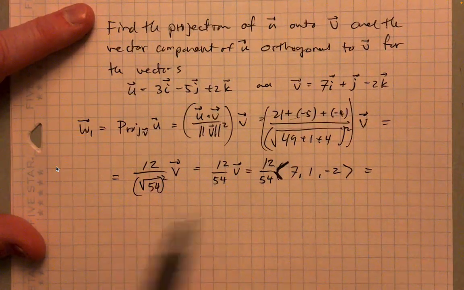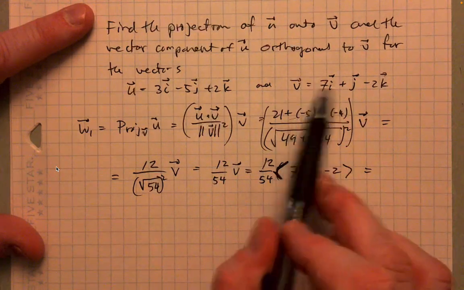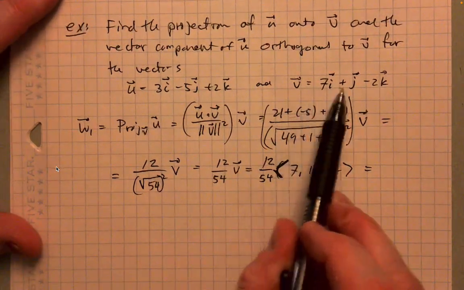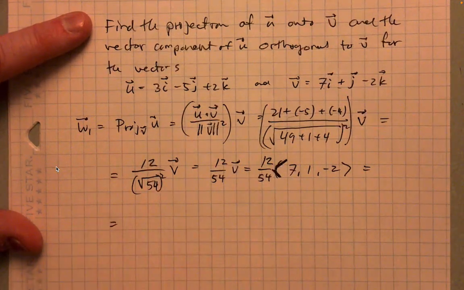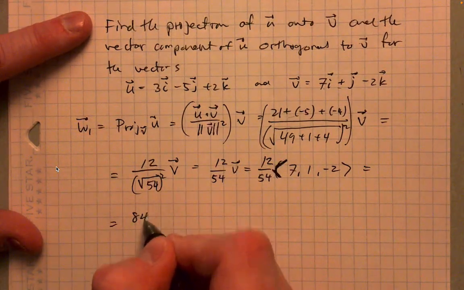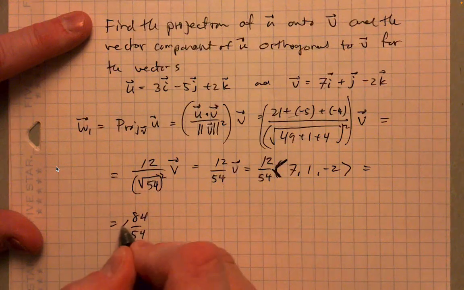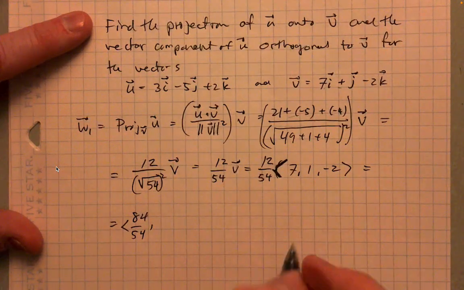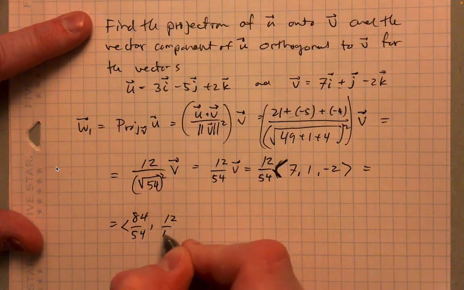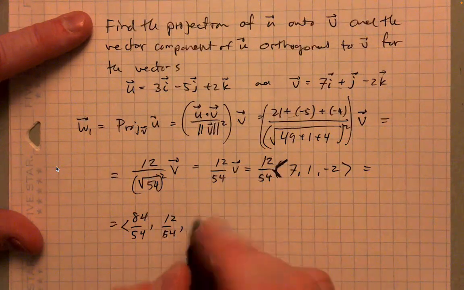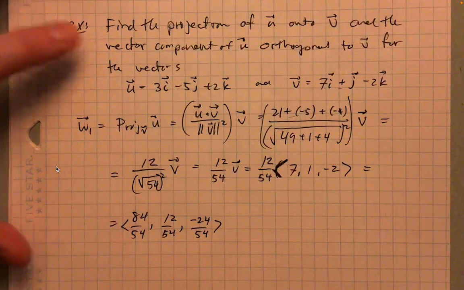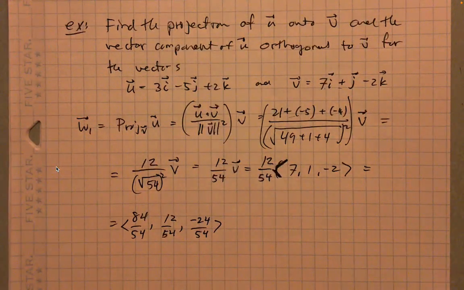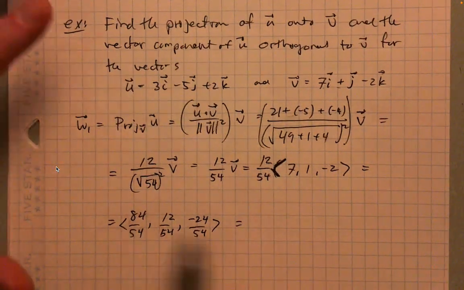So you can write it in whatever notation you want. If you want to use this notation or the ijk notation, that's fine. But just multiplying this through, you get 84 over 54, and then 12 over 54, and then negative 24 over 54. This will all simplify down, and I'm going to put it back in ijk.